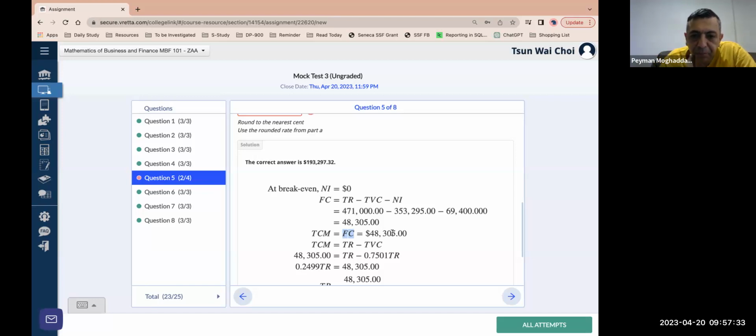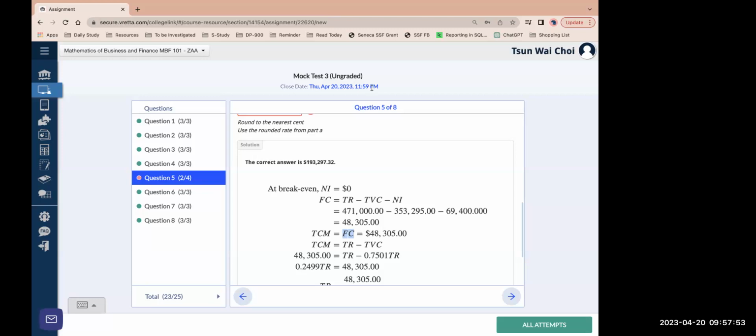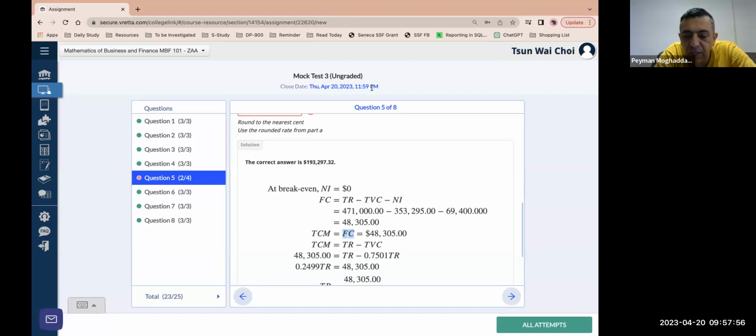So you can divide fixed cost by contribution margin, and that gives you the number of items to break even. That number of items multiplied by contribution margin is the total contribution margin, which is equal to the fixed cost.